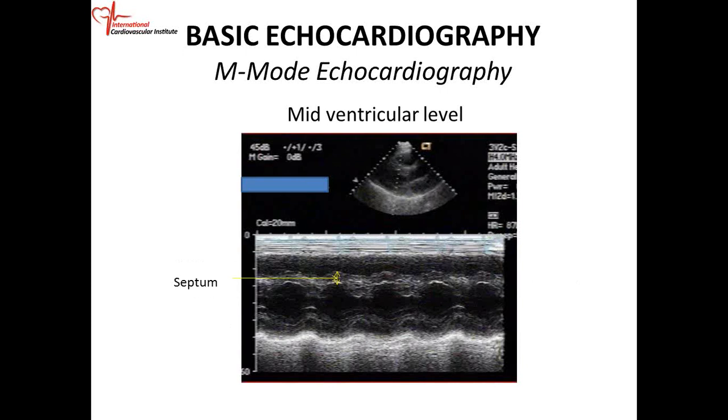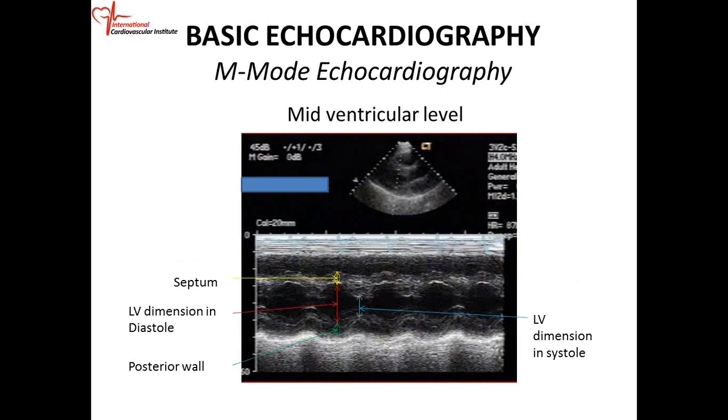So when you measure the septum again, it's at the onset of the QRS, and you measure the thickness of the septum. When you measure the LV dimension in diastole, it's at the onset of the QRS, and you just measure from the septum to the posterior wall, and then the posterior wall measurement is also at the onset of the QRS. You measure the thickness of the posterior wall.